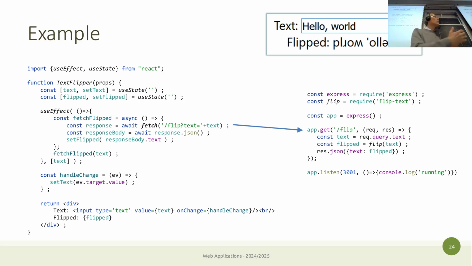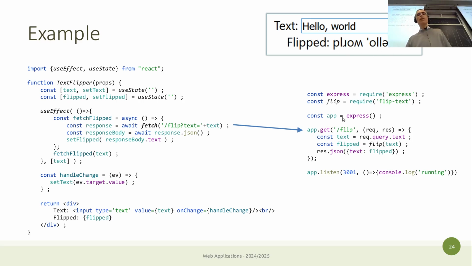Of course you can just exchange text in this very simple example, but just to practice for the rest of the course, we start exchanging JSON. So a very simple object that has a field named text, and then we run it. And the last operation of the function is to set the state of the component, flipped, which is of course used here in the JSX to be shown to the user. So this flipped text below.